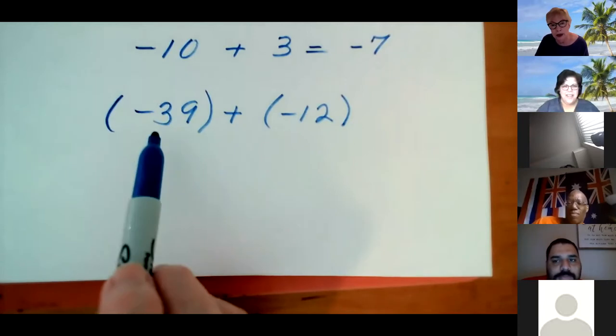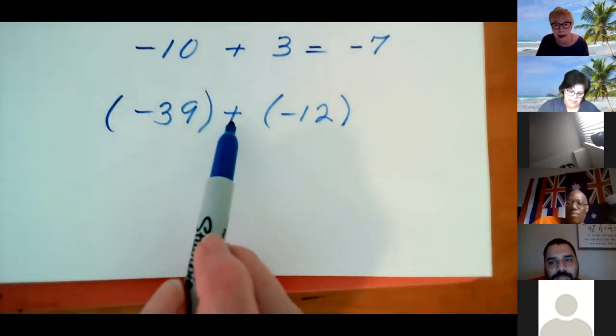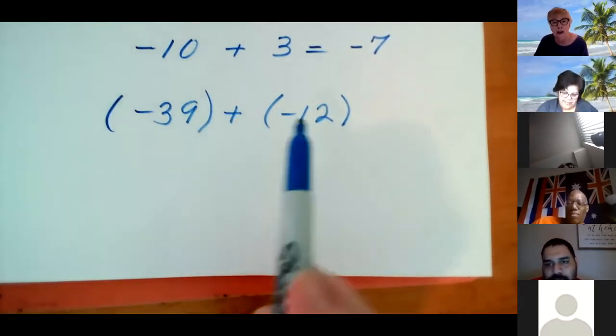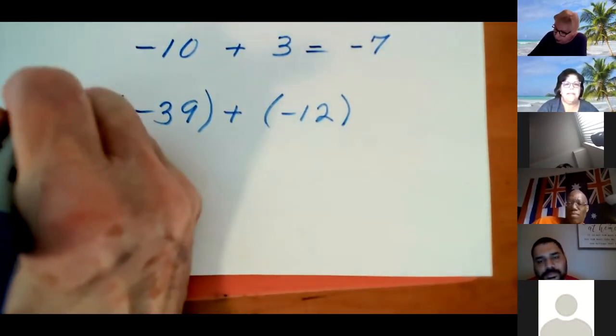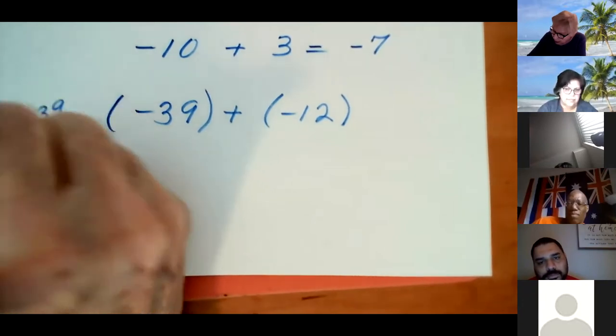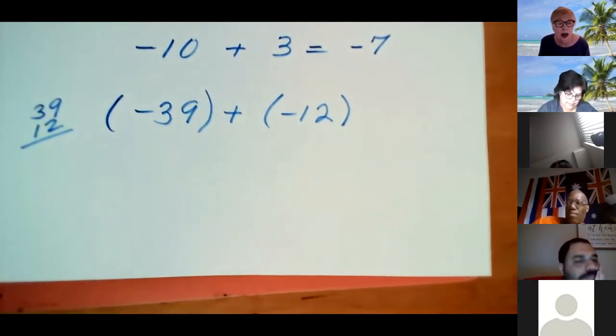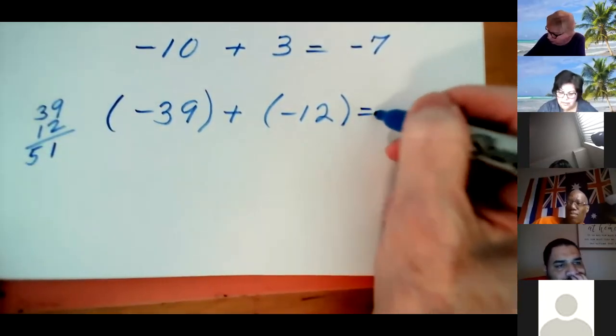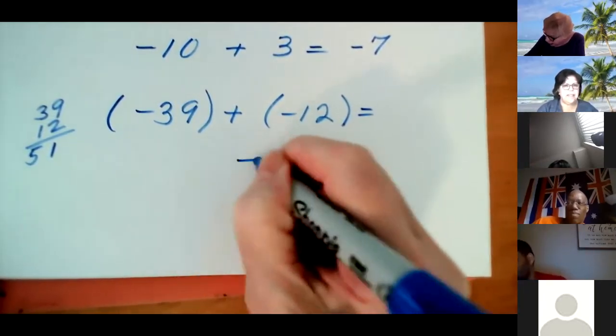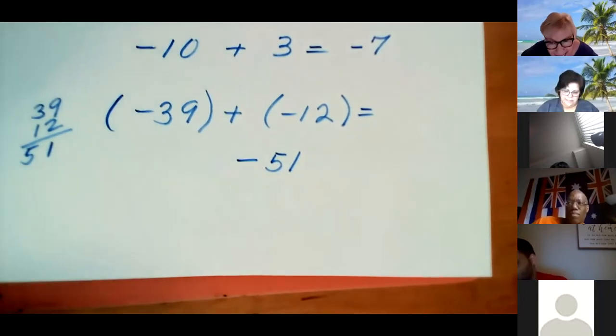And what I noticed is it's negative added to more negative. So what do I do with the two numbers? Add. So I'm going to add the absolute values of 39 and 12, which happens to be 51. Negative 51. Negative. Correct. We were on the negative side. That's all there is to it.